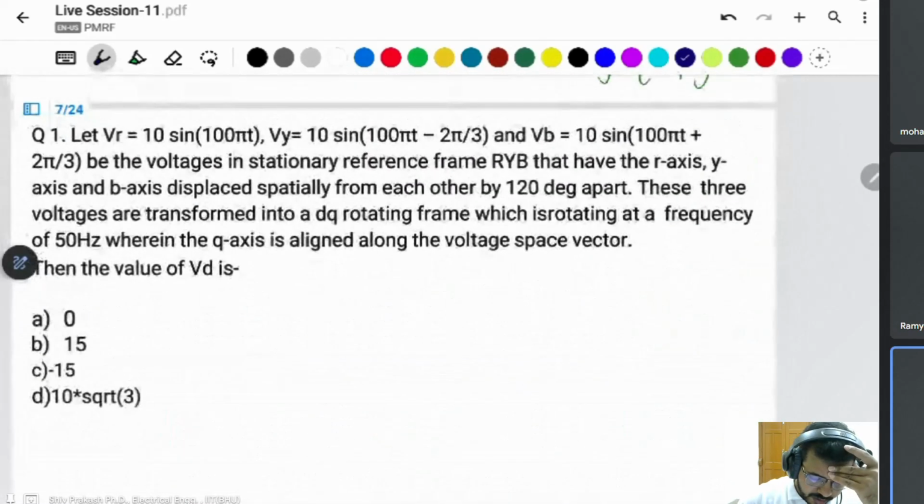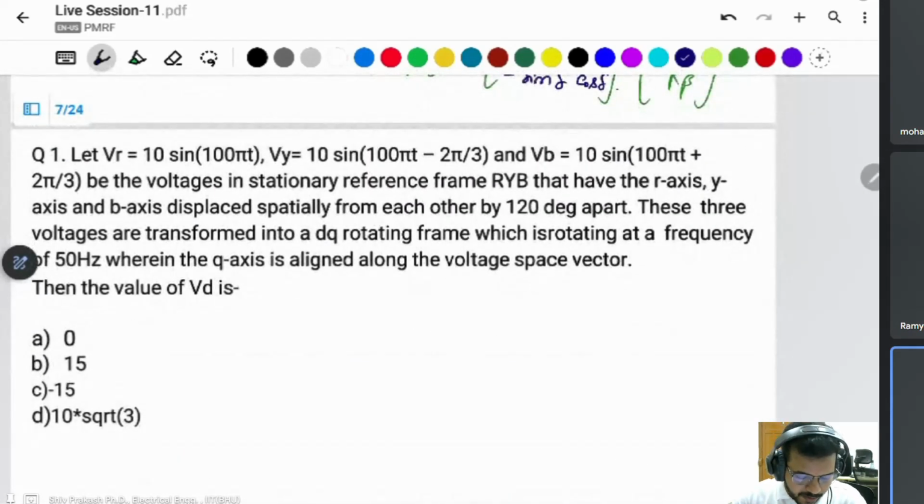Okay, let's start a question. It will take a bit of time. Question first is given: let VR be 10 sin 100 pi t, Vy be 10 sin (100 pi t minus 2 pi by 3), and Vb be 10 sin (100 pi t plus 2 pi by 3). It is a three-phase system with voltages displaced by 120 degrees, in a stationary reference frame RYB that has R axis, Y axis and B axis displaced from each other by 120 degrees.